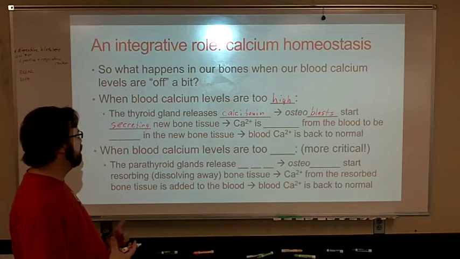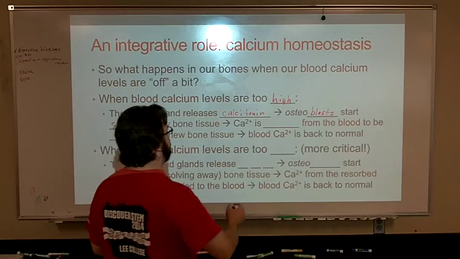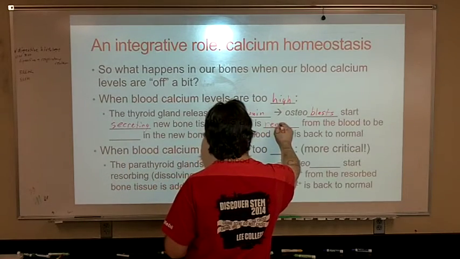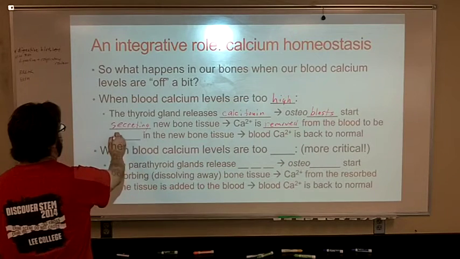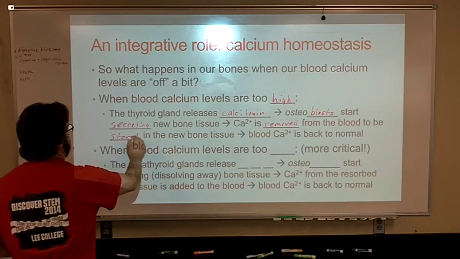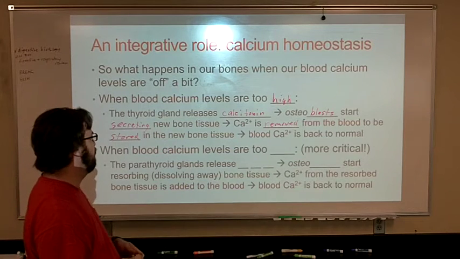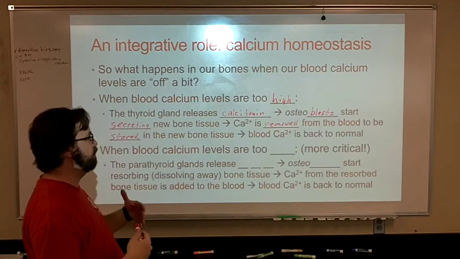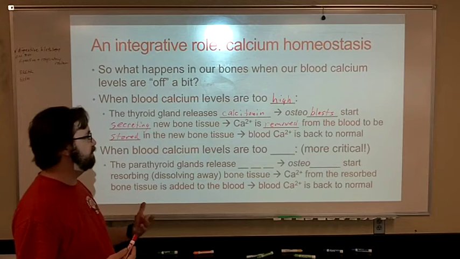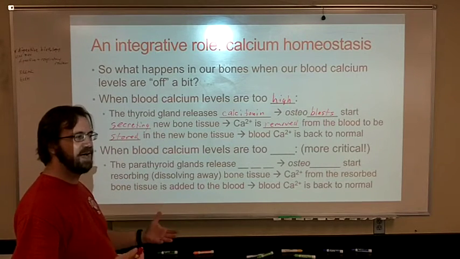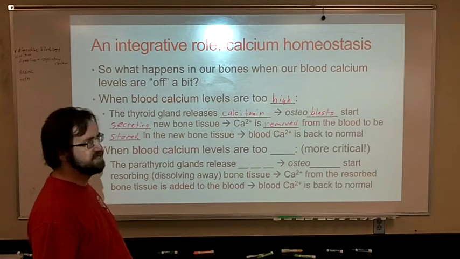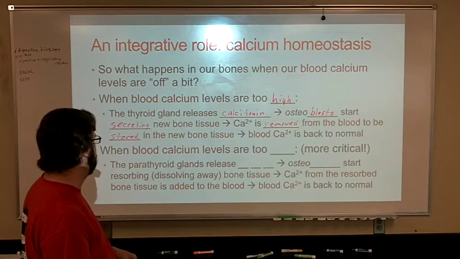As that new bone tissue is made, calcium is removed from the blood to be stored in the new bone tissue. When we remove calcium from blood that is too high in calcium, that brings the blood calcium back to normal.